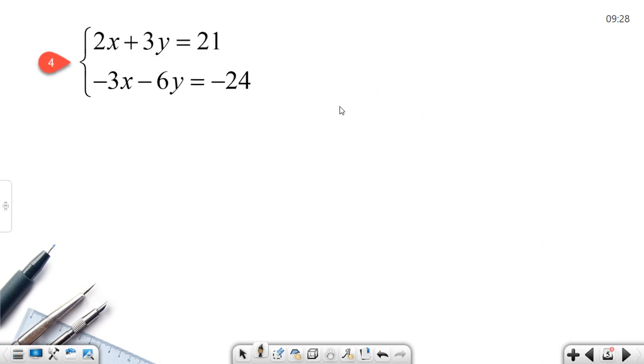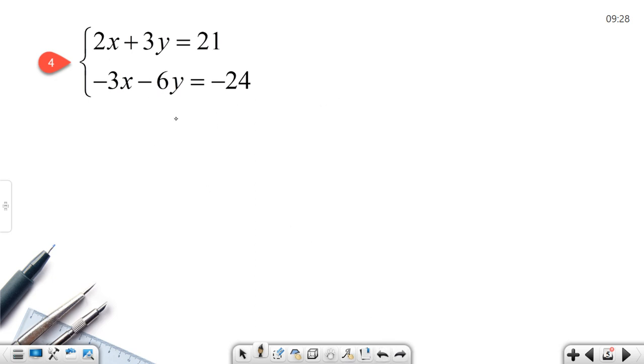Okay, let's continue with a similar one. Here, as you see, that's the second equation. All of the terms have a common factor, 3. So you can divide all sides by minus 3.